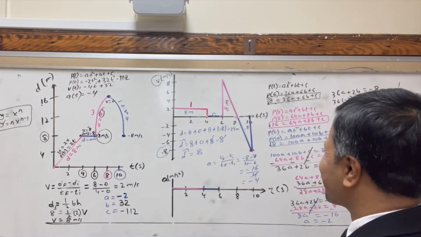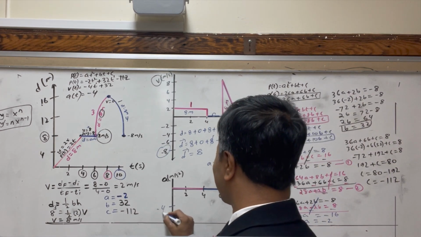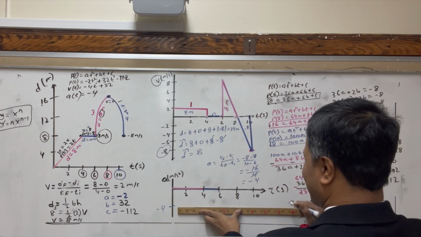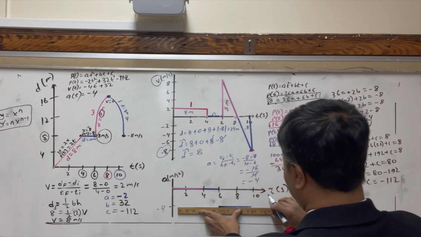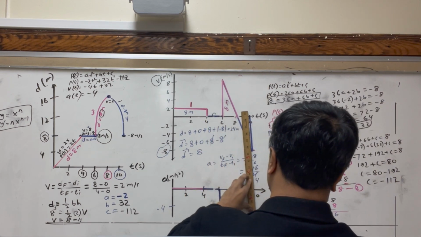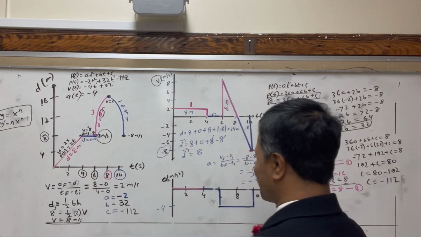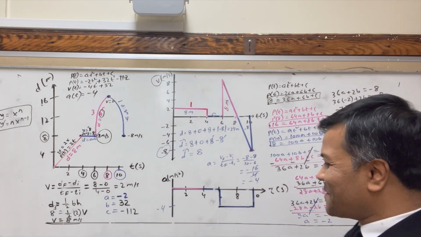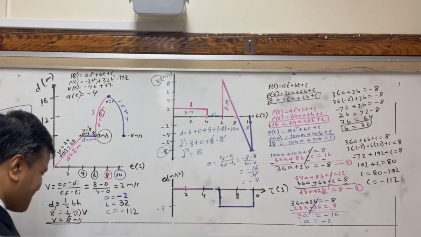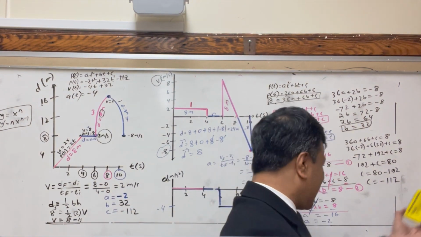So acceleration is minus 4 from 6 to 10. And that was beautiful, right? Okay, good. Now, the second part is going to be very easy.